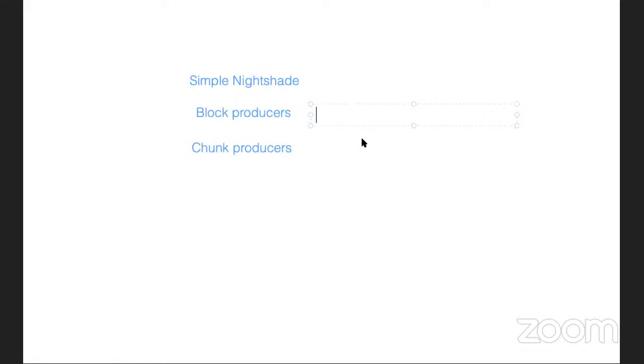So there will definitely be more chunk producers than block producers. Let's say we have 100 block producers, and we don't actually know the number for chunk producers. 3,000 is probably too much. Let's say we have 300 chunk producers.